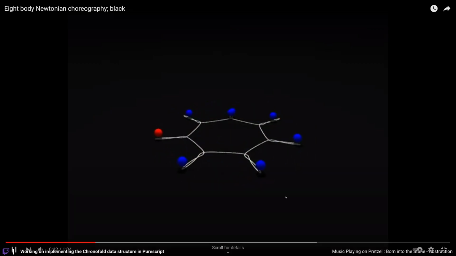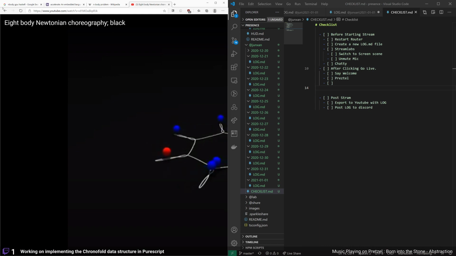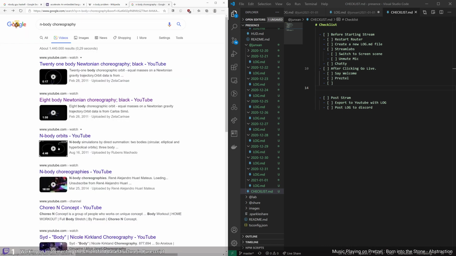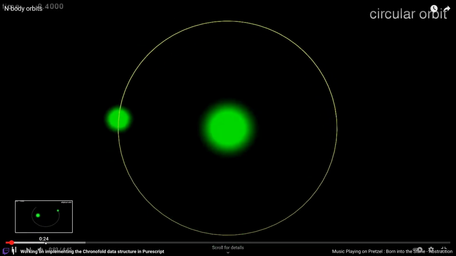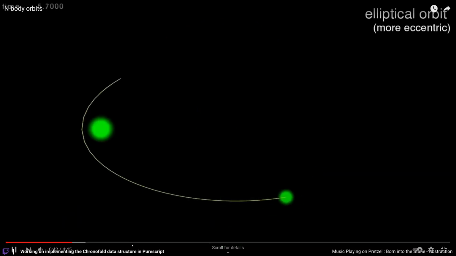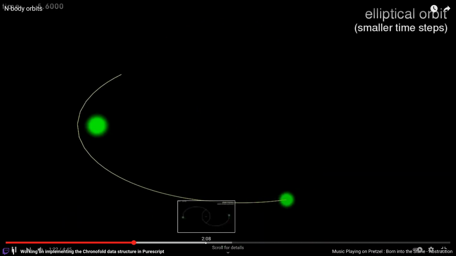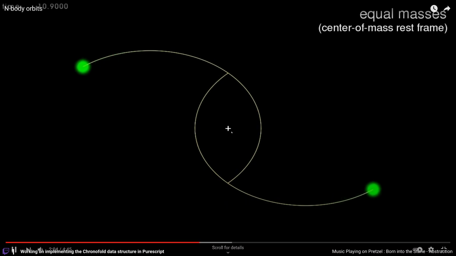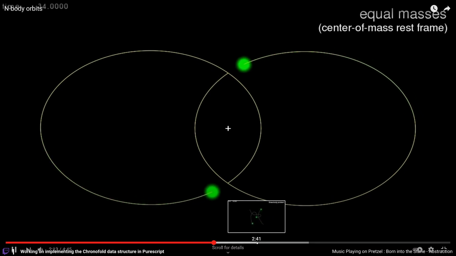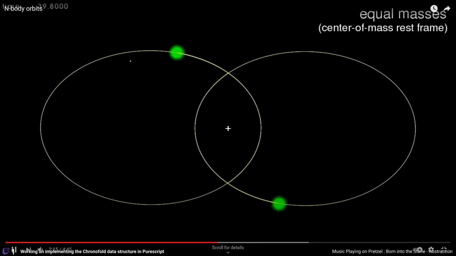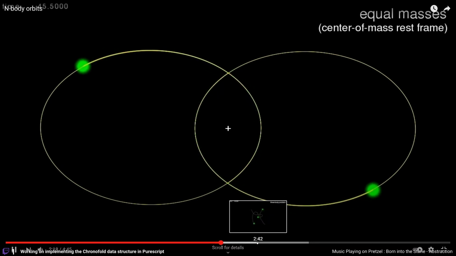And that's with eight bodies, and that's interesting. NBody orbits. What do we have here? Oh, we have a succession of problems. Okay, so that's the 2-body problem, and then 2-body problem again, but this time with a different symmetry, which yields what look like elliptical orbits. But check this out.